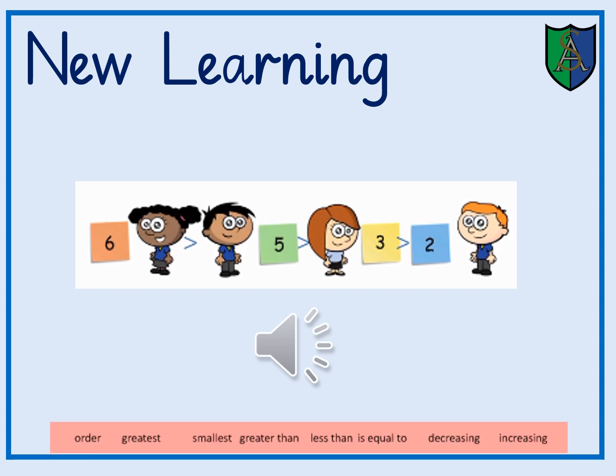Now that's better. All I needed to do was change the symbol to the greater than one. Now it makes sense. Let me read it to you. 6 is more than 5, 5 is more than 3, and 3 is more than 2.